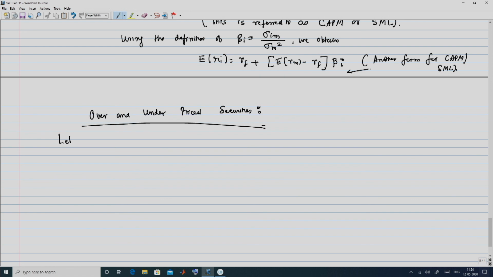So, accordingly, let us look at a simple example. Let the current price of a stock be denoted by P0, and remember that CAPM is in a single period framework.